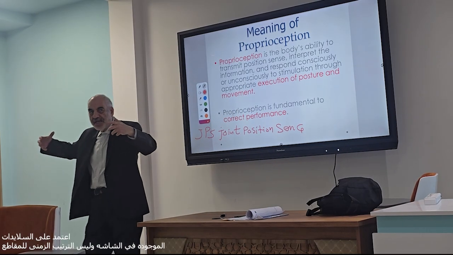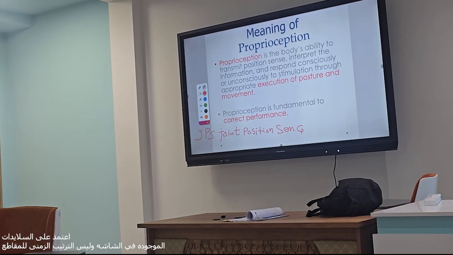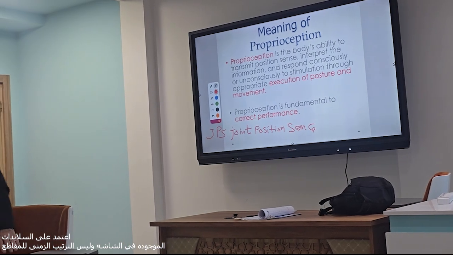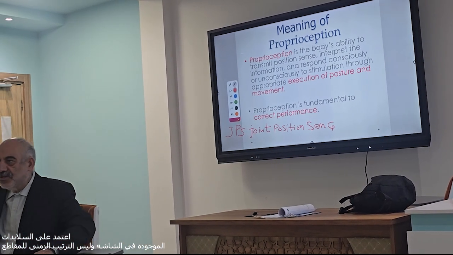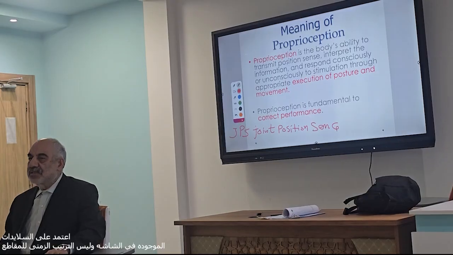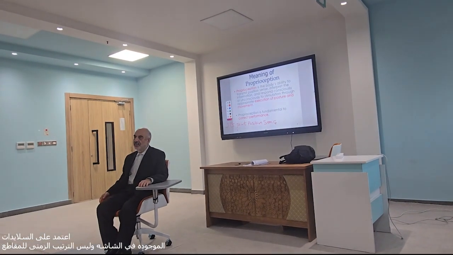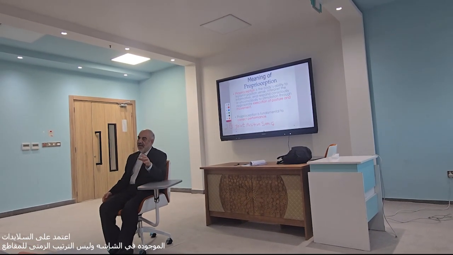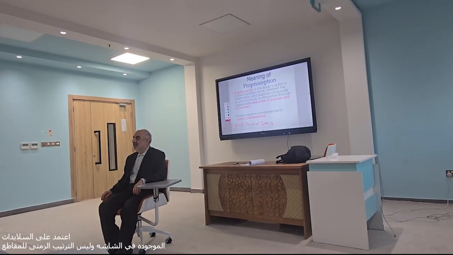So for correcting your posture, if your posture is okay, for example, it sends good information to the cerebellum. For execution of posture and correction, if there is any error, the cerebellum is responsible.